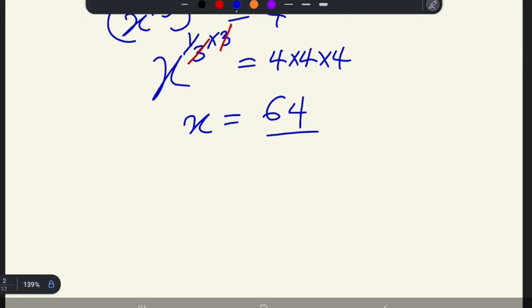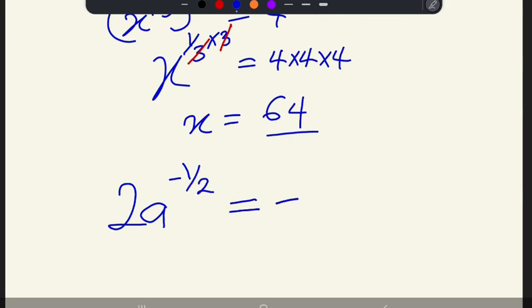Let's also have another meaningful example: 2a raised to power minus half is equal to minus 14. Now, having a question like this, the first thing you must put in place is to reduce it to minimum values.